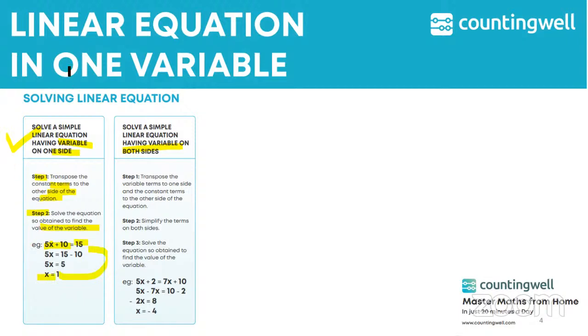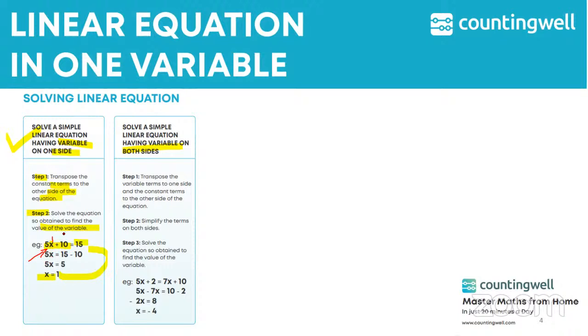So solving this equation, when we have variable on only one side, so here you can see 5x plus 10. So x is on the LHS here. So I'll show you how. Here you can see the variable x has power 1, which is the highest power of the variable. So we have 5x plus 10, variable x on LHS, that is on one side.